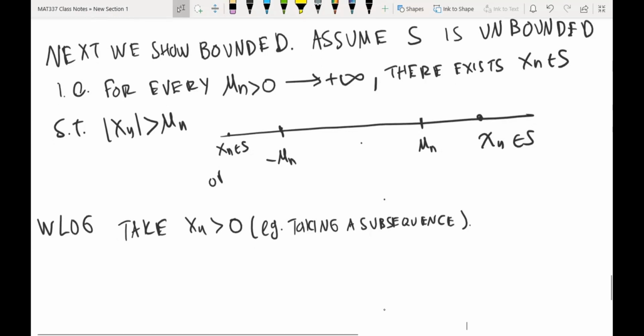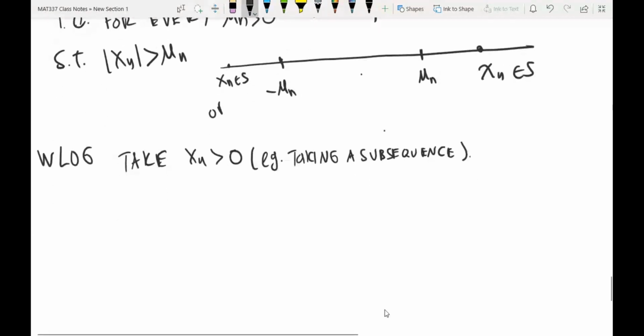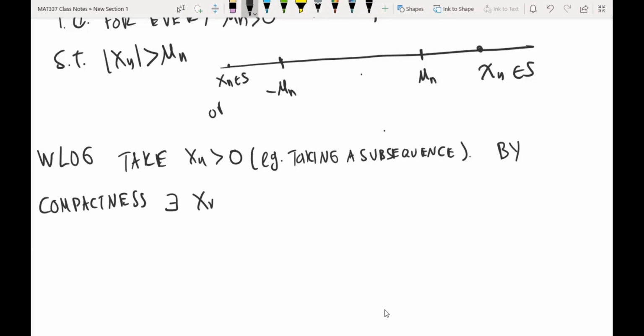Okay. Now, by compactness, there exists a subsequential limit which belongs to the set. This is very crucial. But this gives a problem.